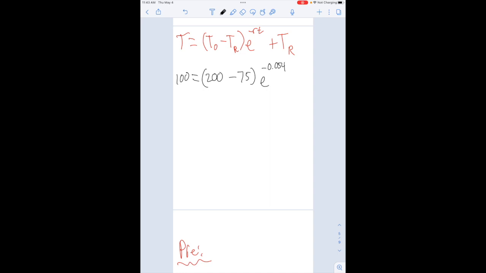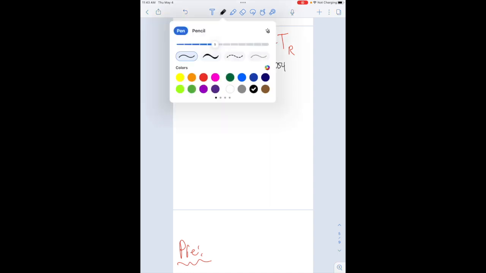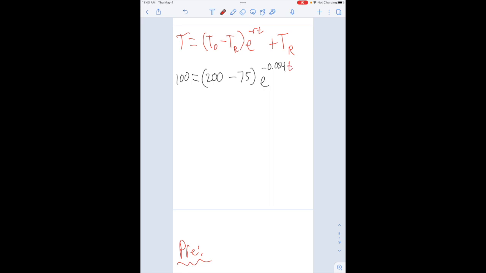My rate was 0.054, but the formula tells me to make it negative. I'm trying to determine t. And again, the surrounding temperature was 75.